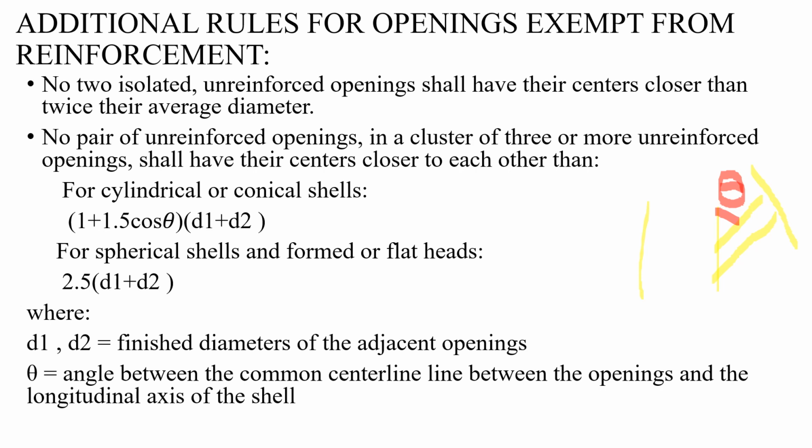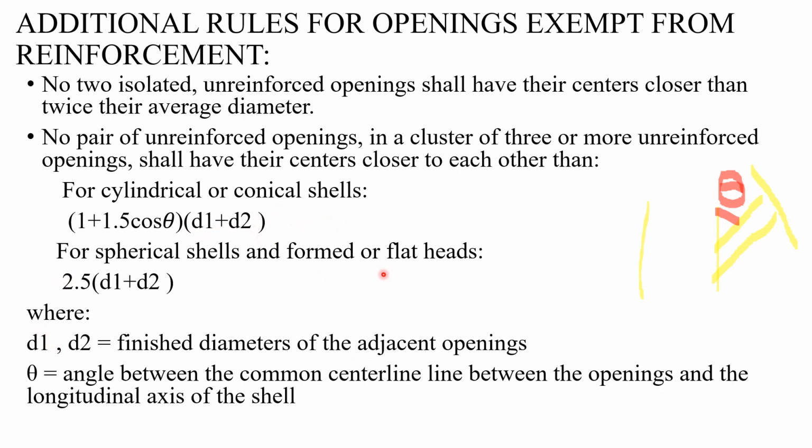Understood? So this angle which we have here is called theta. And if theta is straight, which we have at 90 degrees, what is cos 90? Cos 90 is 0. So here it is d1 plus d2. That is the reason why, if there is a theta angle involved, the factor is increased or decreased depending upon this formula, and you will have a separate value.